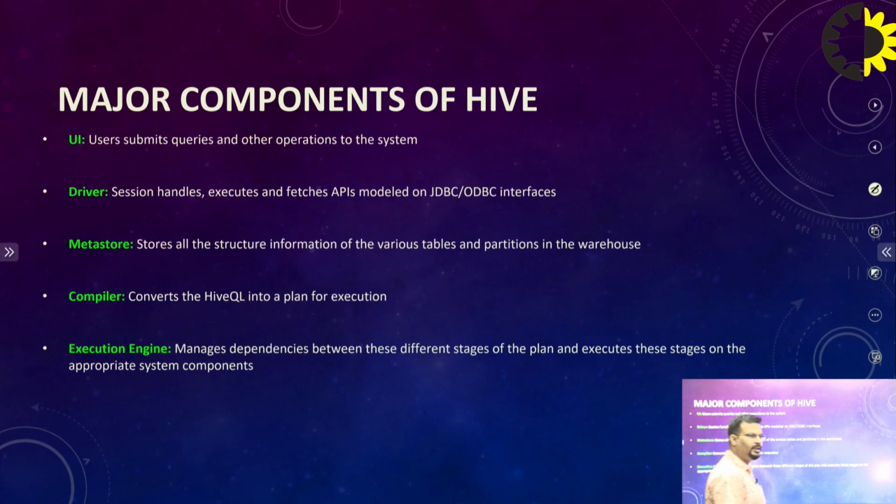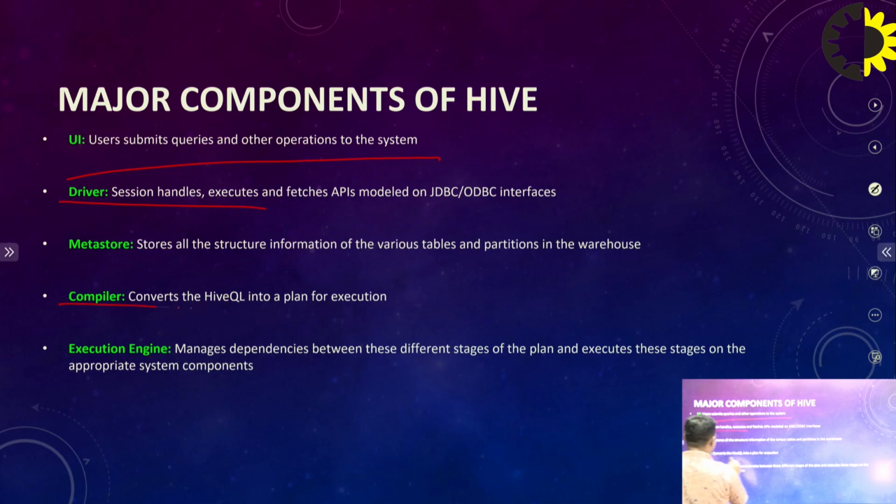Next, the major components of Hive. First, the user interface, where a user submits queries and other operations to the system. We use the driver session, which handles the execute and fetch APIs modeled on the JDBC/ODBC interface. Next, we use a metastore, which stores all the structured information of the various tables and partitions in the warehouse.